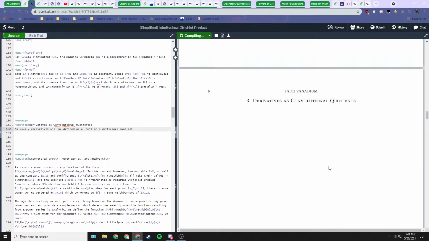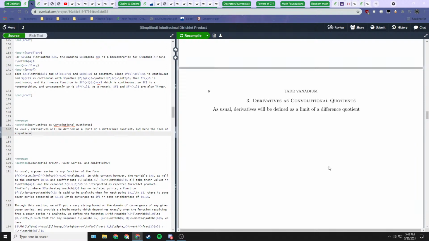So derivatives are just like standard, a limit of a difference quotient, but the only difference is the idea of a quotient is controlled by cancellation.